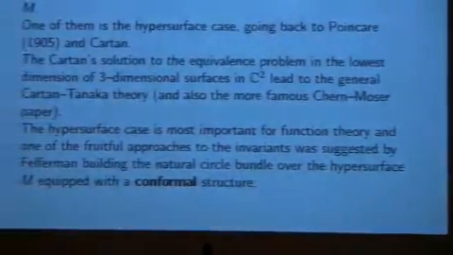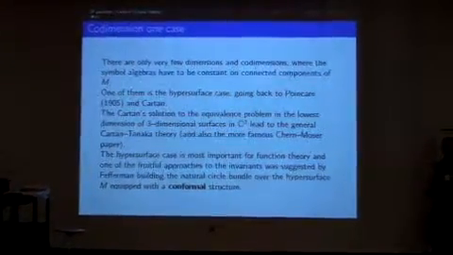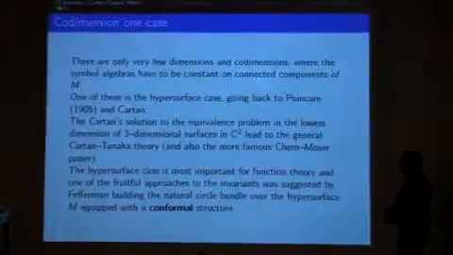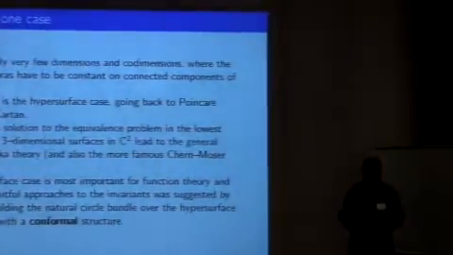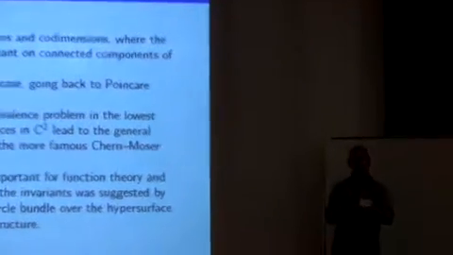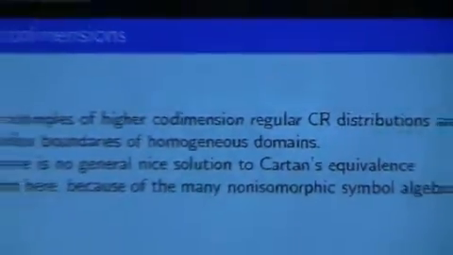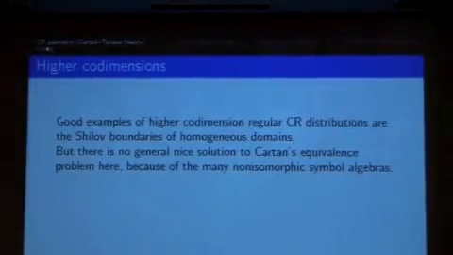So the point is that Fefferman built a natural circle bundle over the CR hypersurface, which naturally was equipped with a conformal structure, and because it was a geometric construction, all the invariants, all the natural objects for the conformal structures were in some well understood relation to something on the CR geometry side. And the title of my talk indicates that I want to come up with something similar for different cases of CR geometries.